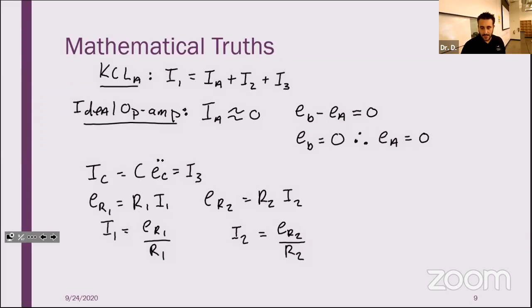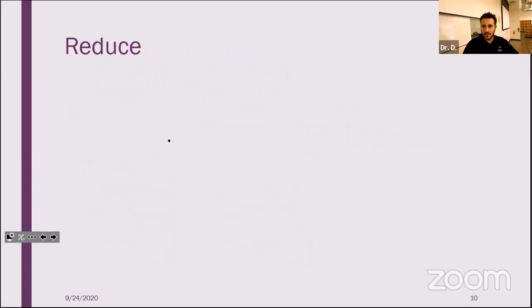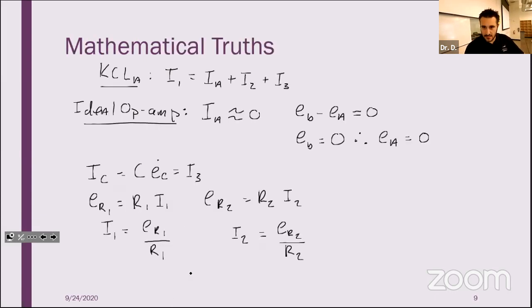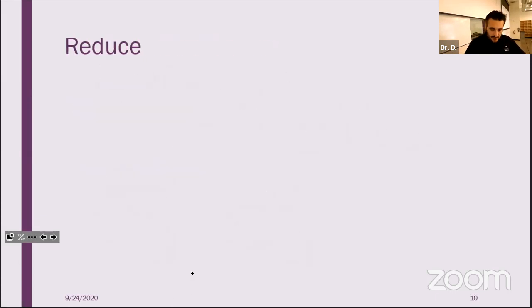Because here's what's going to happen. Let's go back, because there's one other thing that we have to do here. Let's start with our reduction. We start with our KCL, that's the only equation that we wrote down. We have an expression for I1, I2, and I3, so we can plug those in.